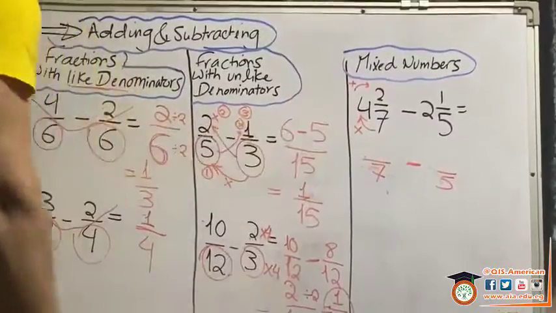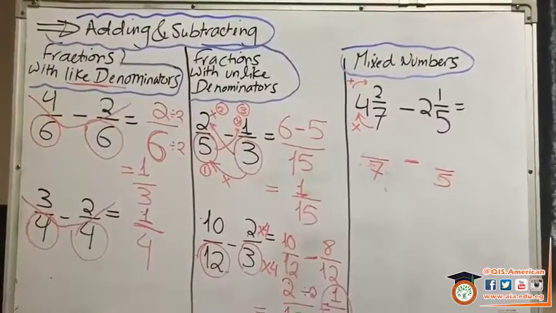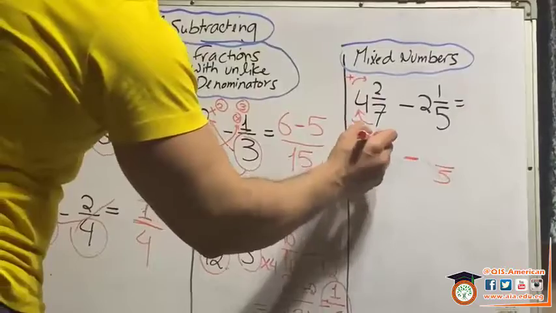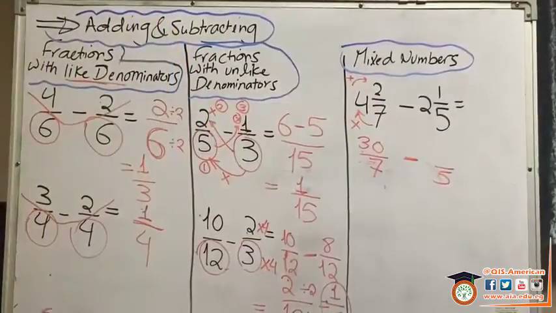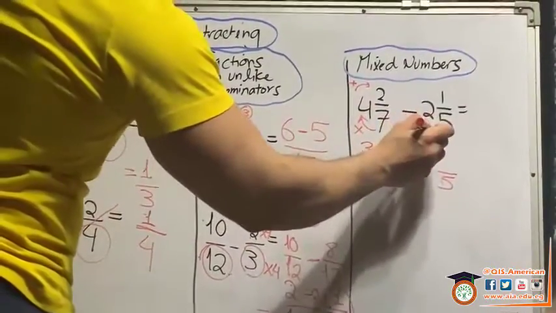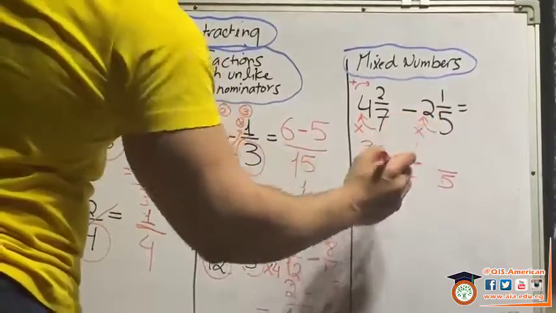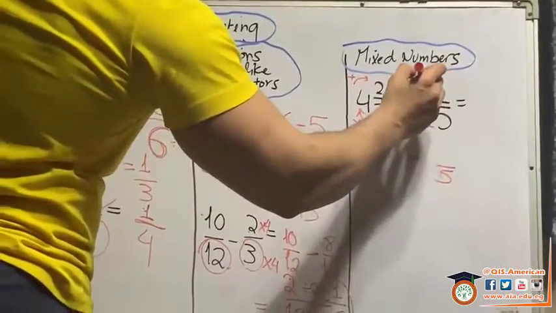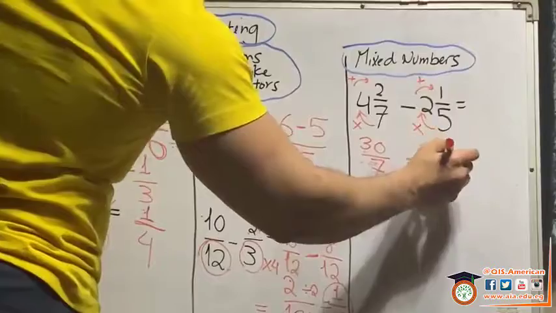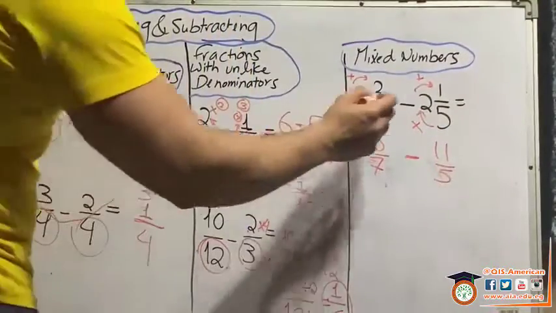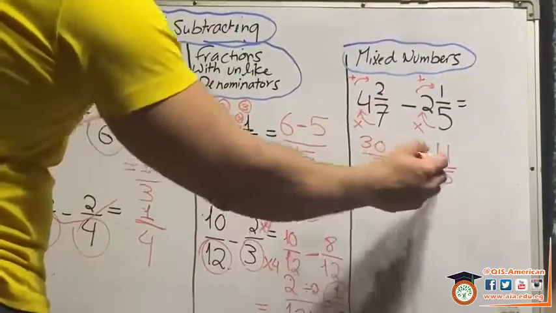So 7 multiplied by 4 is 28, plus 2, it's 30. Okay, here I have 5, I'm gonna multiply by 2, this gives me a 10, plus 1, this gives me 11. So I turned these two mixed numbers into fractions.